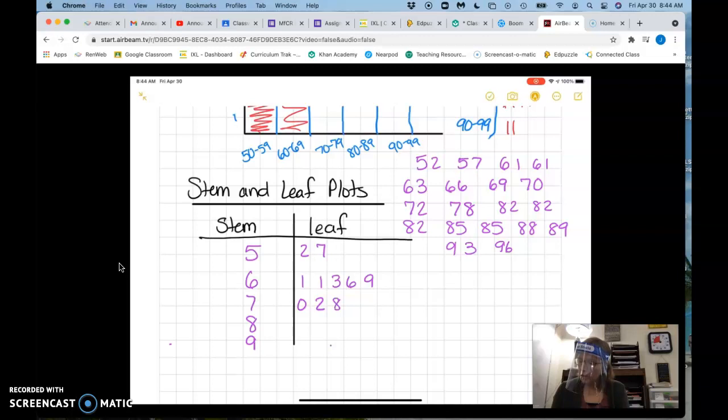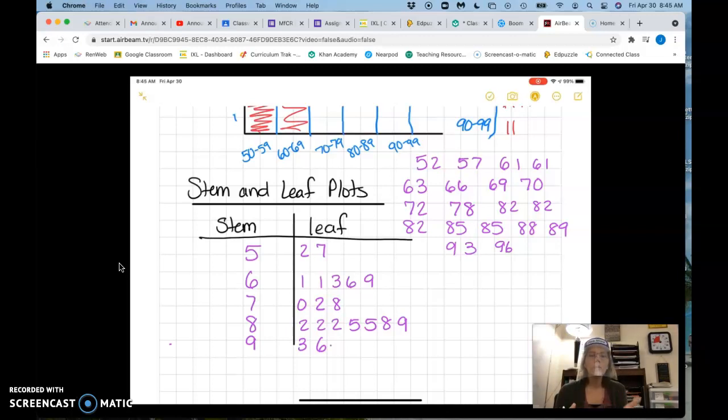And I have 82, 82, 82. Okay, so immediately once we put that all into the stem and leaf, we can see which category has the most scores. And it's the 80s has the most scores.